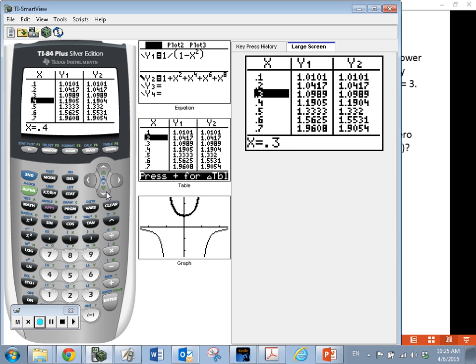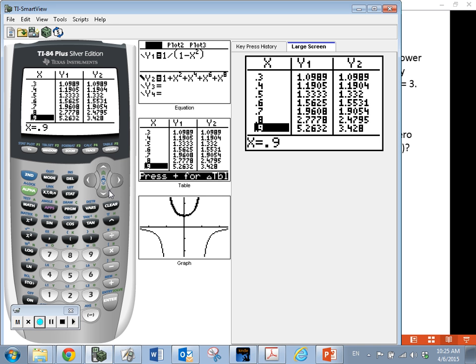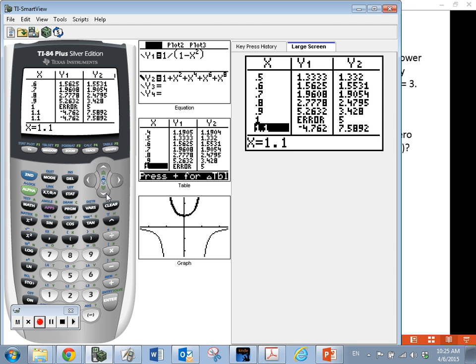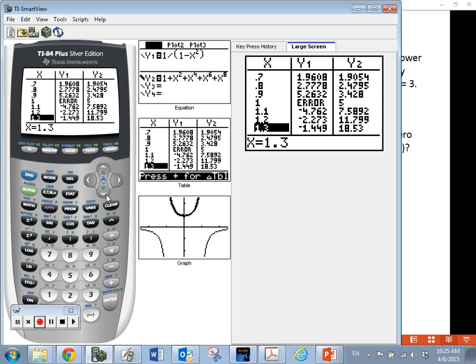If we go down and look at 0.8, we're pretty close. At 0.9, we're starting to not be as close. But look at what happens after 1. It's just way off, right? And this is because of the interval of convergence, and the interval of convergence is between -1 and 1.